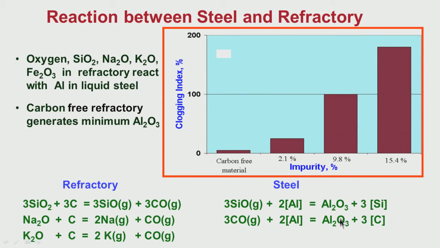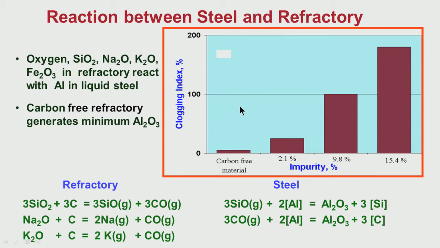So again we have to remove this alumina, which is not desirable. Too much alumina should not get generated in liquid steel, because then this alumina again has to be removed, as I had told you earlier. So the refractory material should be as free as possible from SiO2, sodium oxide, potassium oxide, iron oxide and carbon.